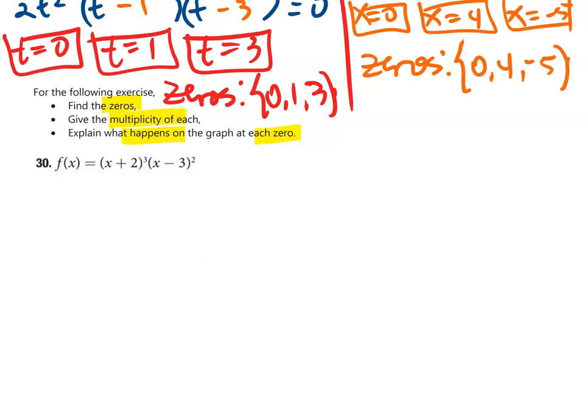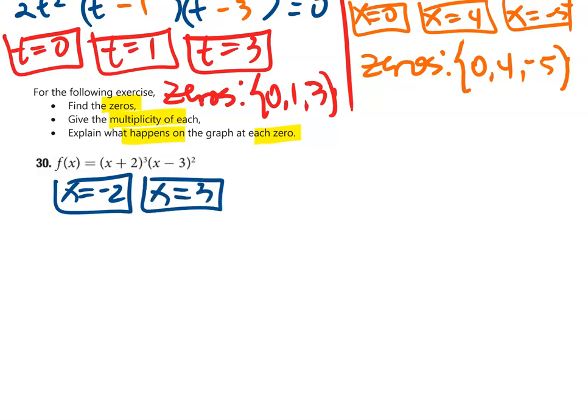So these are already in factored form, meaning (x plus 2) cubed and (x minus 3) squared are the factors. So we can get the zeros. That's the first thing. Here x plus 2 gives x equal to negative 2, and x is equal to positive 3. So the zeros are negative 2 and positive 3.